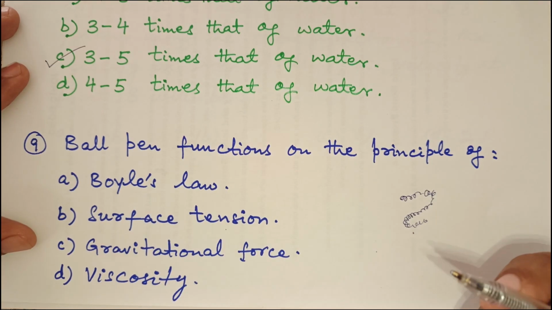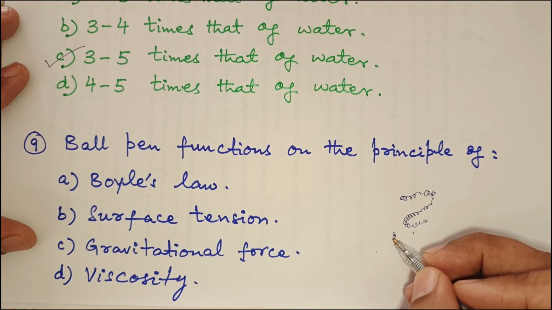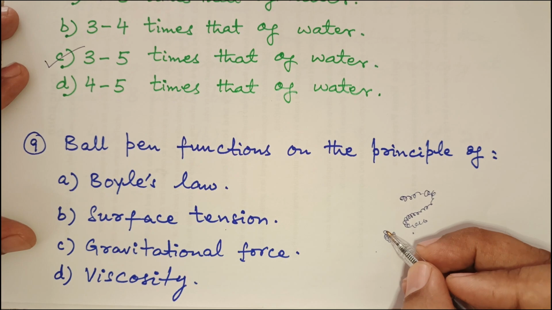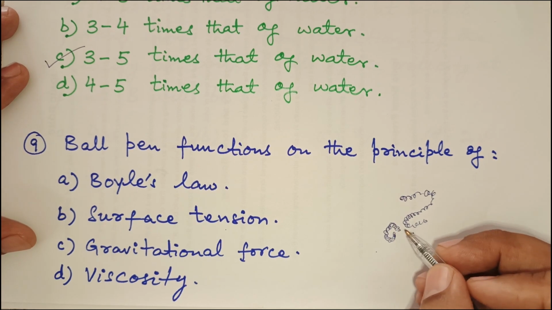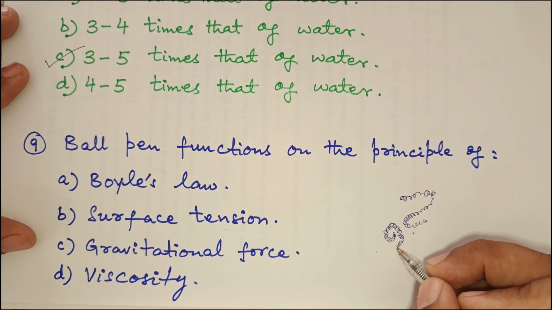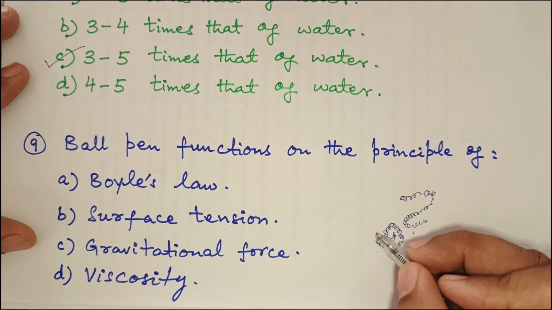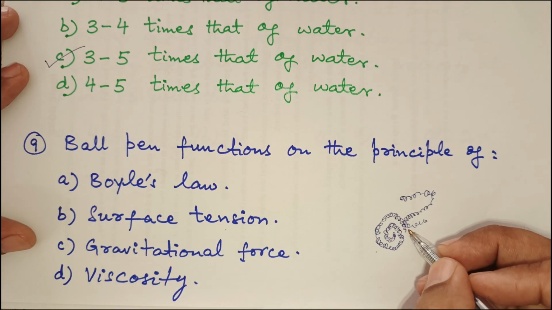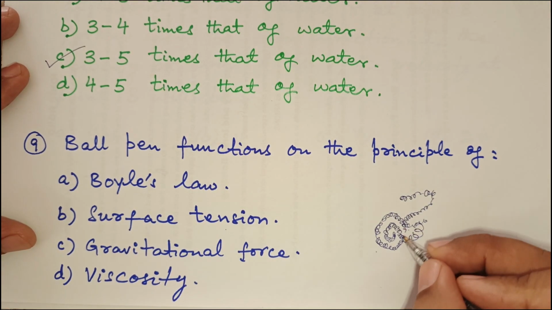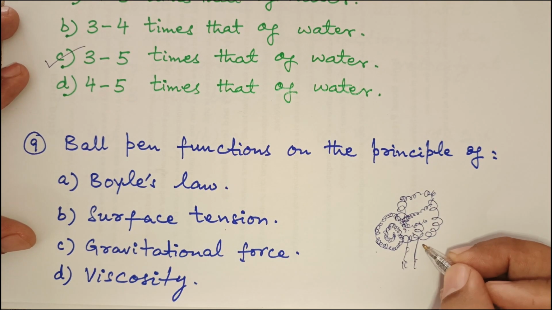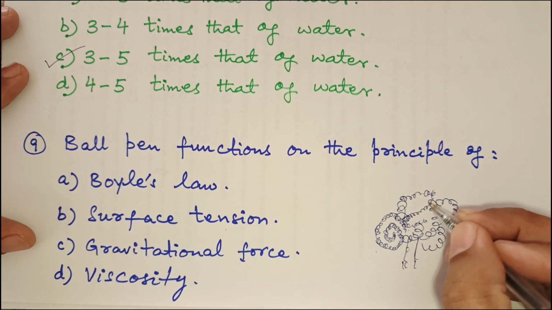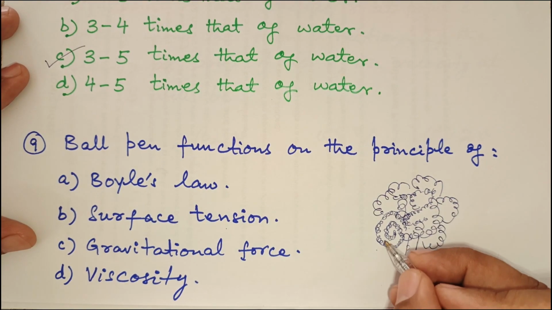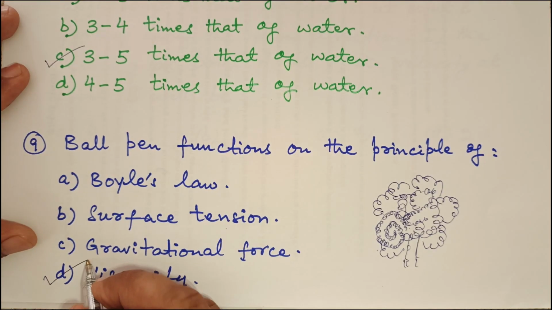But in the case of the tip of a ball pen, this continuously rolls inside and then comes outside. So it brings ink outward due to viscosity. So the correct option is viscosity. During this time we have drawn a tree, which is necessary nowadays. So viscosity is the correct answer.